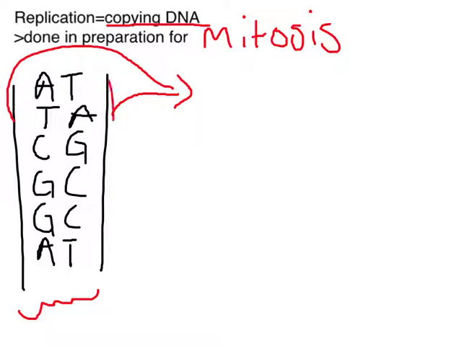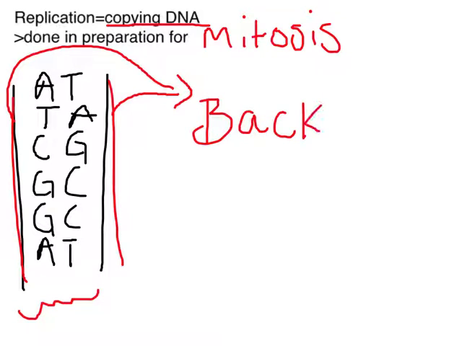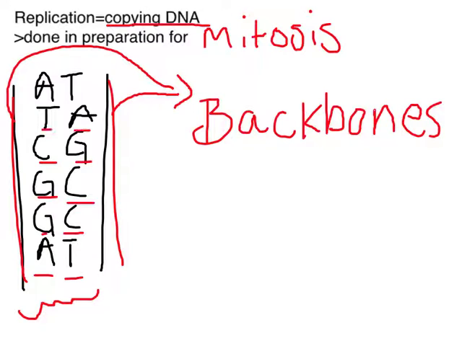I've drawn the backbone as these lines here. Okay, so those two lines are the backbone. And now we're going to focus on the individual letters of the DNA code that we see in the middle of the molecule.